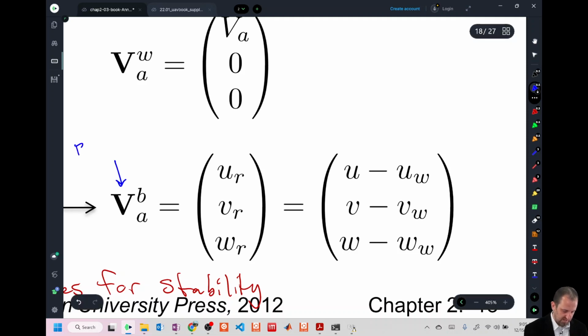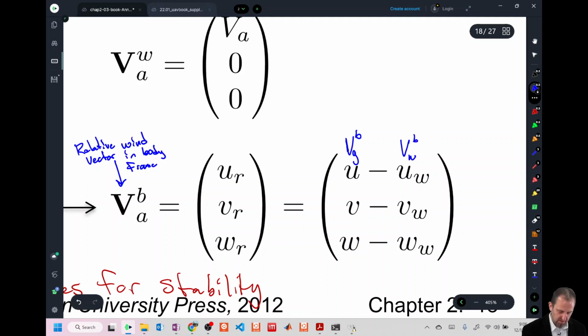So this is the relative wind vector in the body frame. And that's just defined as V sub g, oh sorry, I had V sub g in the body frame minus V sub w in the body frame.